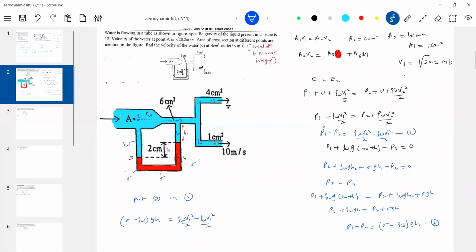Solve for V2. Then V5 should be equal to A2 V2 minus A6 V6, divided by A2.